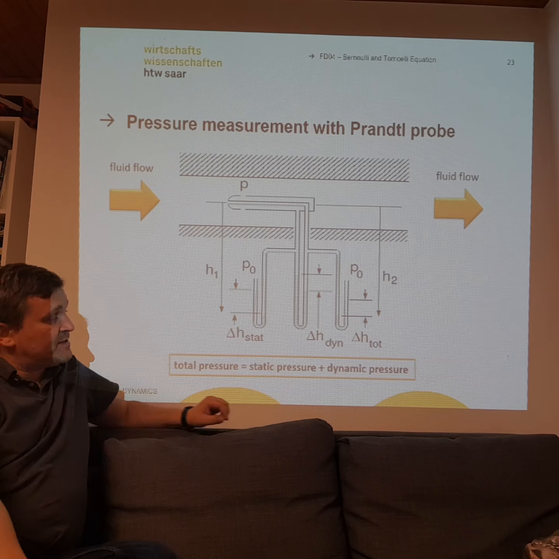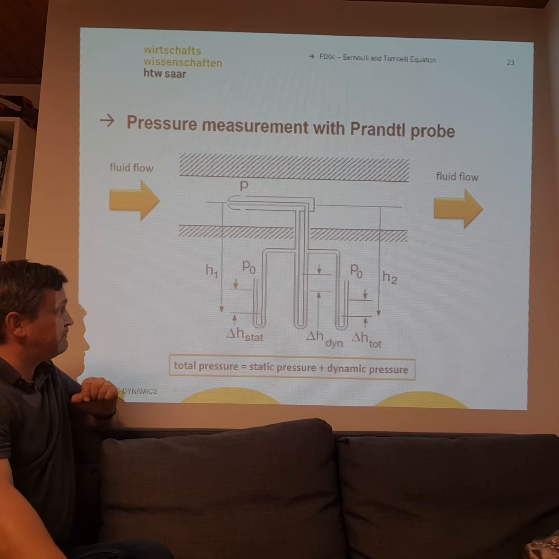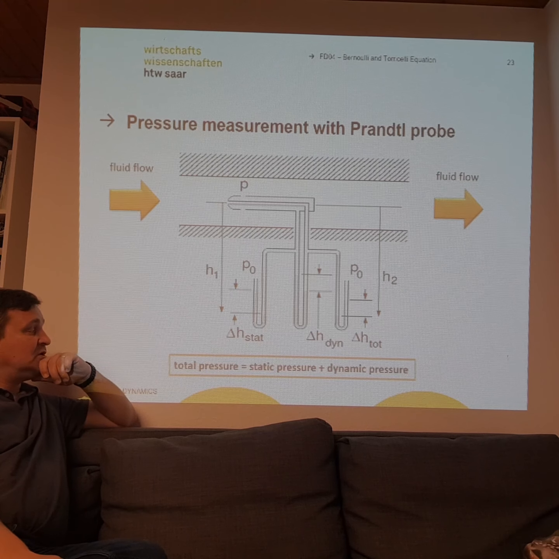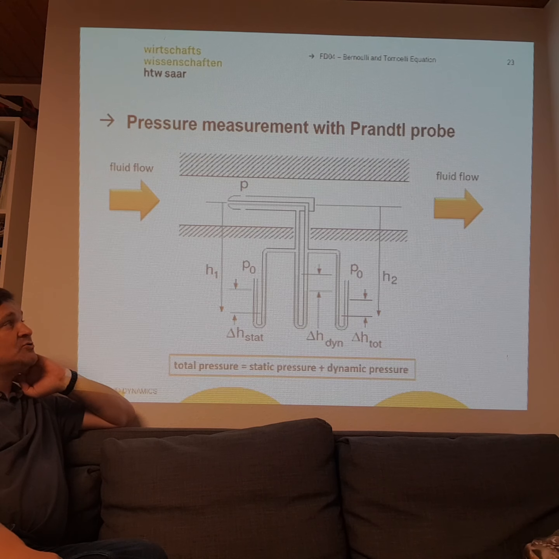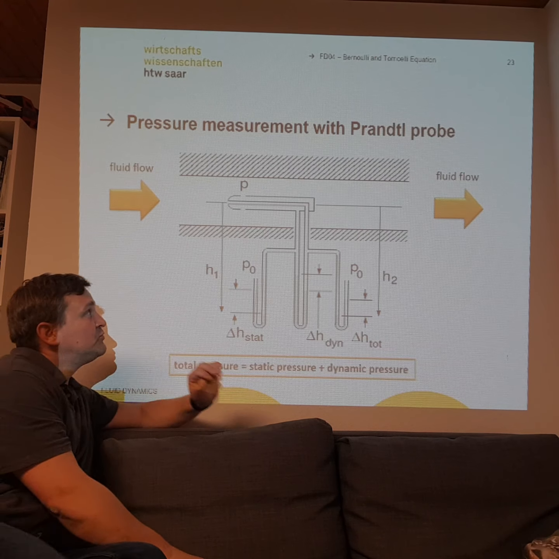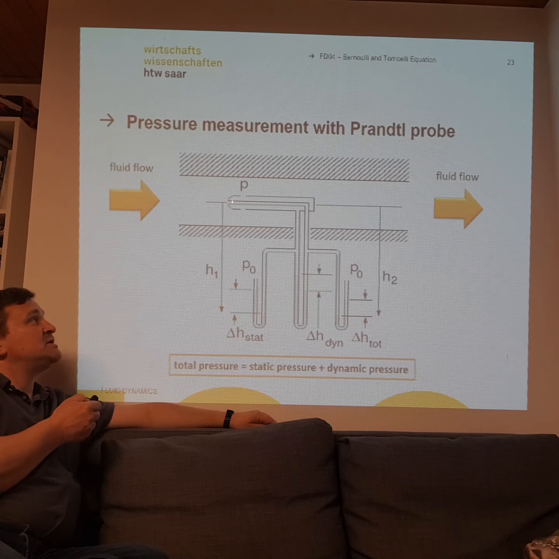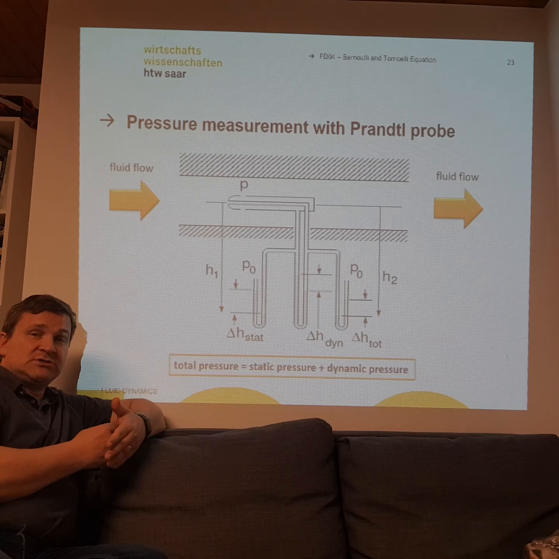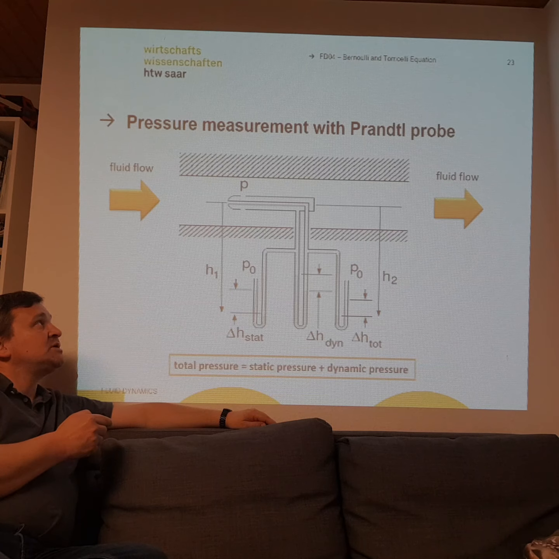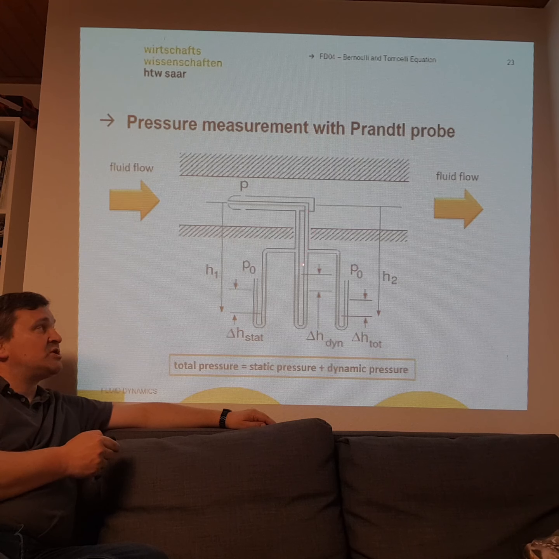And that's another example where we need the pressure formulation of Bernoulli's law, the so-called Prandtl probe, Prandtl tube. The Prandtl tube is shown here. It's a small tube, and you have a hole at the entry of the tube, and then you get the ram pressure, the higher pressure at the tip of the nose of this tube, and because there's a hole, you can measure how high the pressure is.